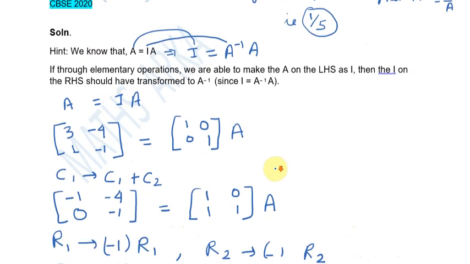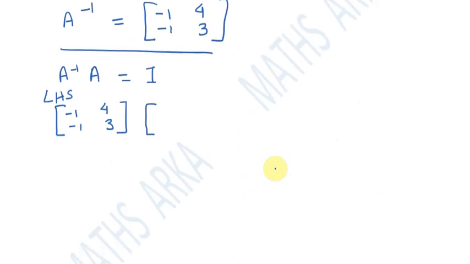3 minus 4, 1 minus 1. 3 over here, minus 4 here, 1 here, and minus 1 over here. Okay, so let's just multiply these two. What do we get? So how is multiplication done? First row with first column and add them.